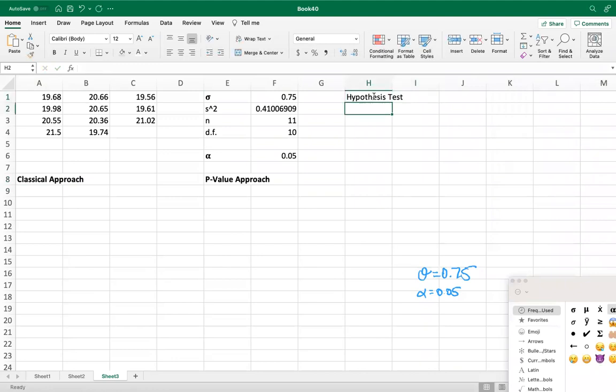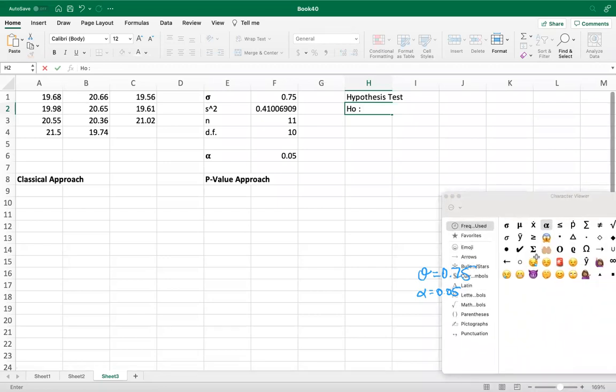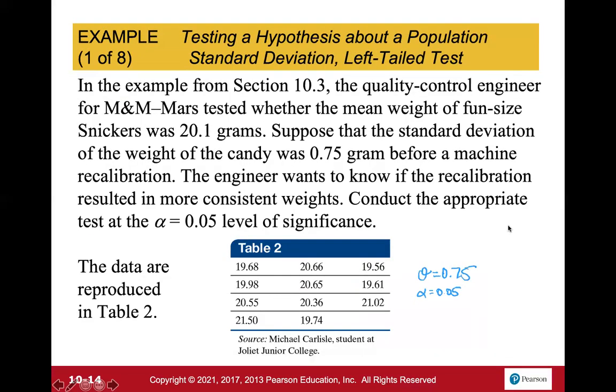So hypothesis test, we have our null hypothesis. And the null hypothesis is that the standard deviation is equal to 0.75. And the alternative is that our standard deviation, actually, let's see what they say. The engineer wants to know if the recalibration resulted in more consistent weights. So let's think about it.